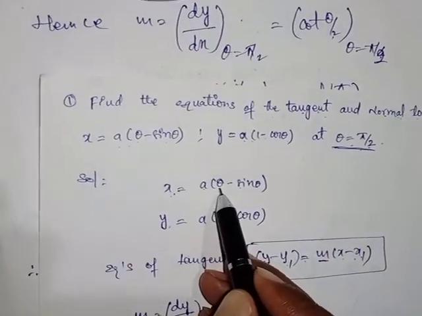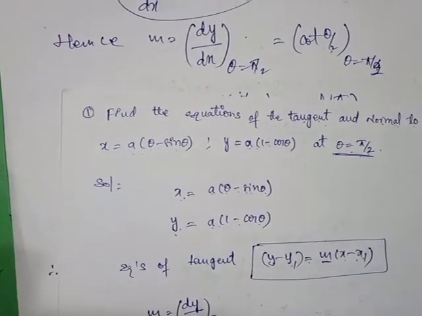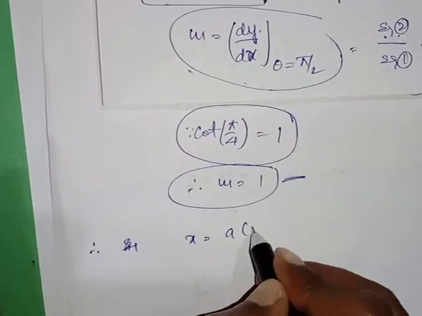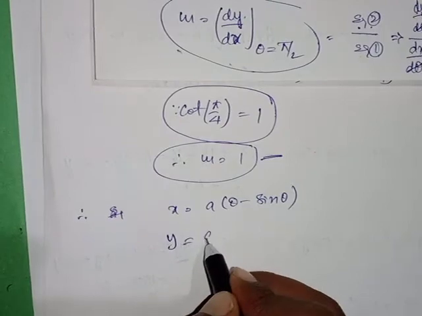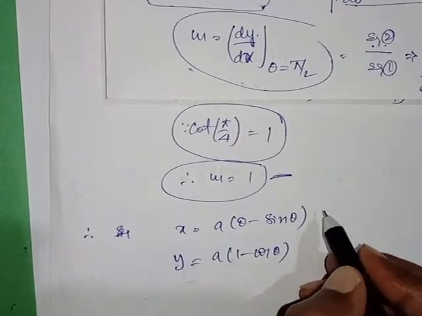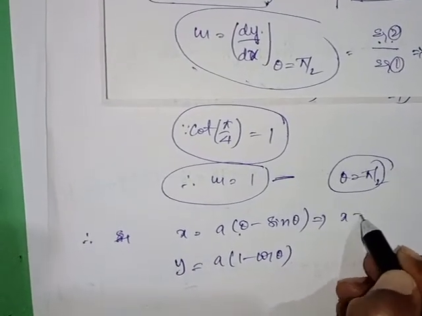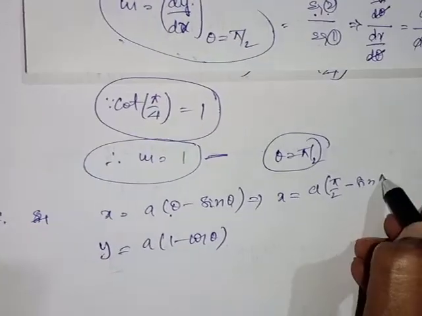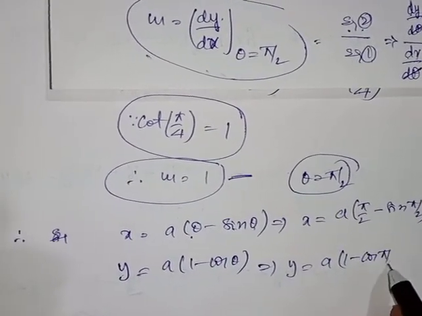First of all, see here x is equal to a into theta minus sin theta and y is equal to a into 1 minus cos theta. Substitute here. We know that theta is equal to pi by 2. So x is equal to a into pi by 2 minus sin pi by 2, and y is equal to a into 1 minus cos pi by 2.